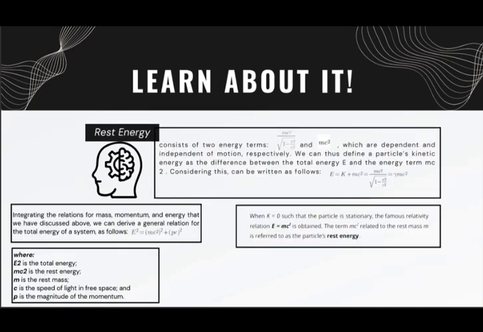The last one is rest energy. Rest energy is the energy equivalent to the mass of a particle at rest in an inertial reference frame. Integrating the relations of mass, momentum, and energy that we have discussed above, we can derive a general relation for the total energy of a system.